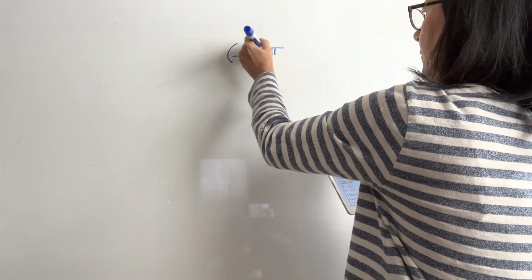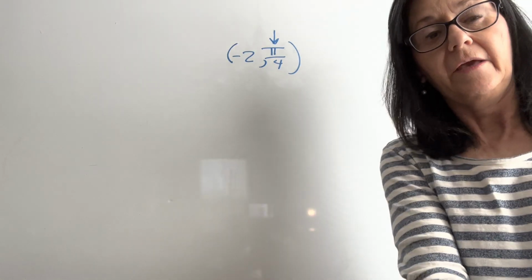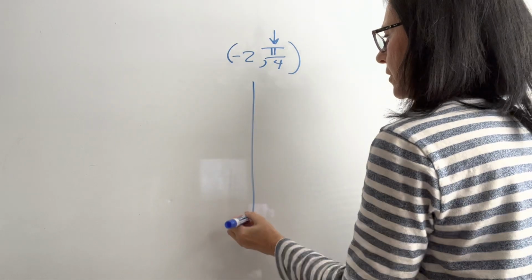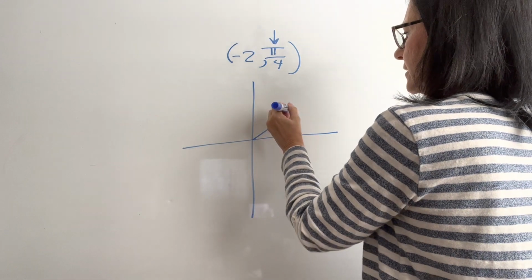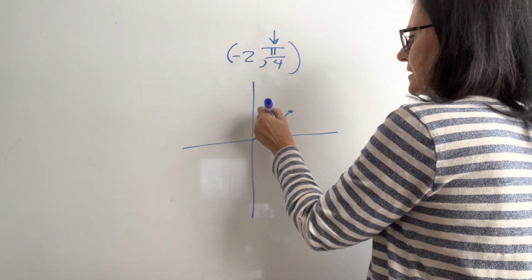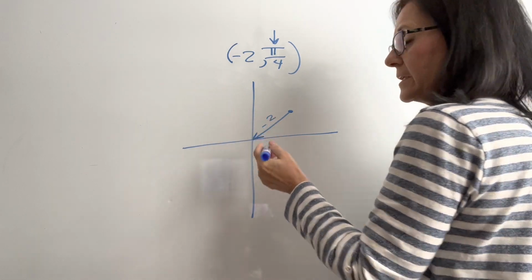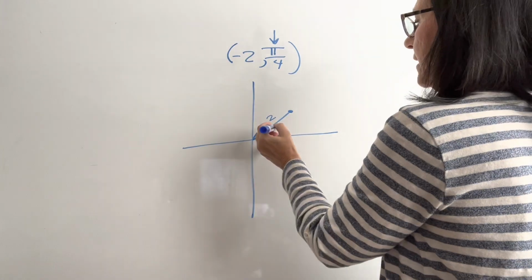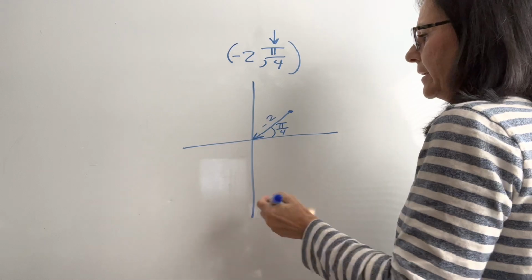(-2, pi over 4). Remember, we always start with thinking about where is pi over 4. That would be in the first quadrant. The length of the vector is -2, which means the force is at the origin. This is pi over 4. That's the radians.